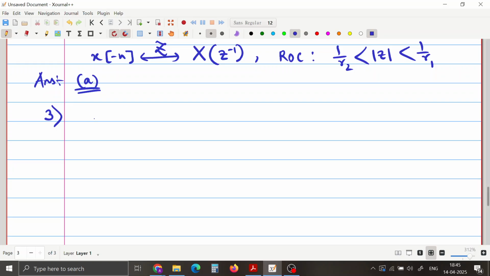So x of n has the z transform capital X of z, and for the sake of completeness, I'll assume that it has some ROC, let's say, again given by this.